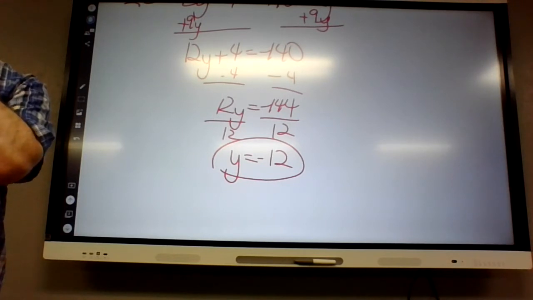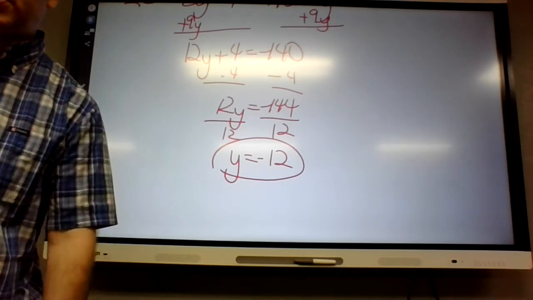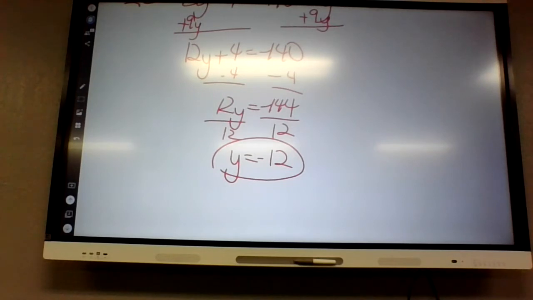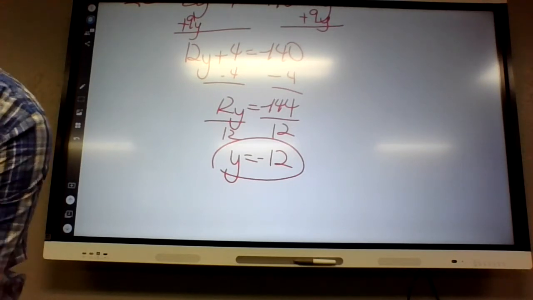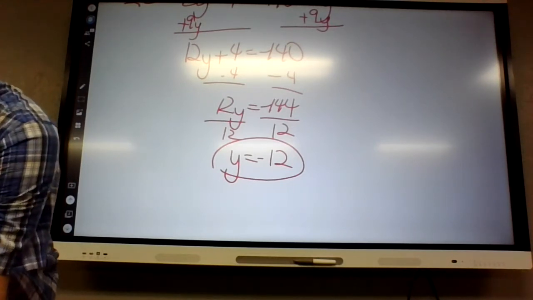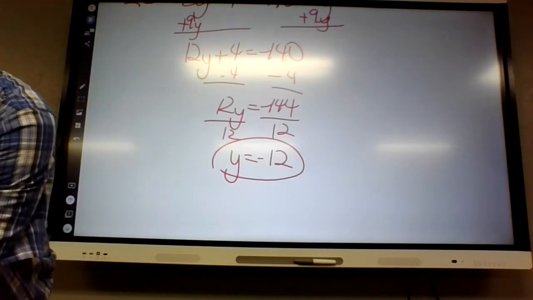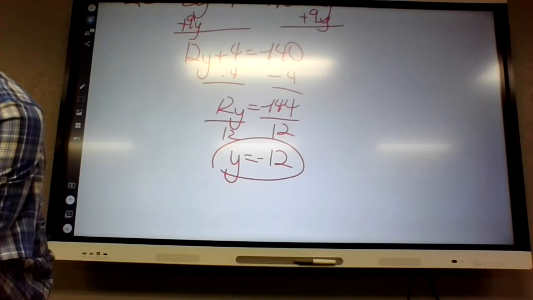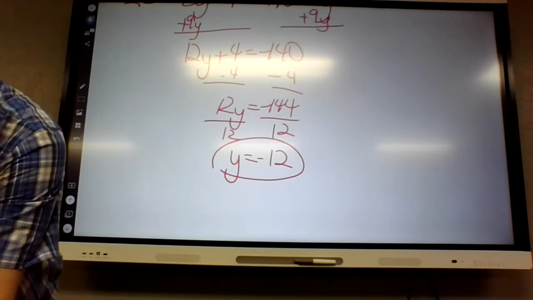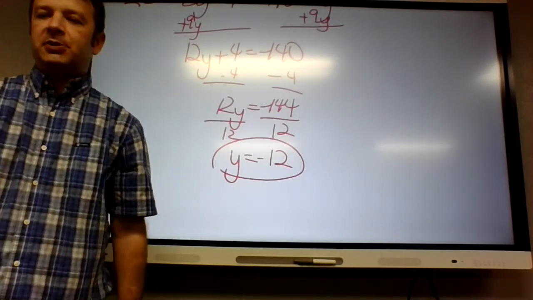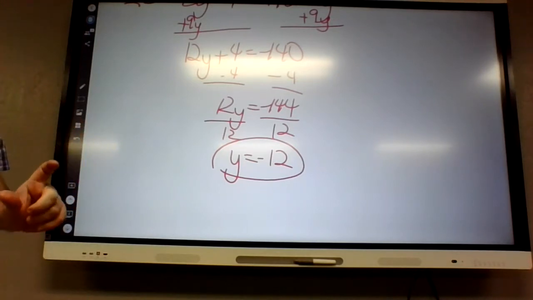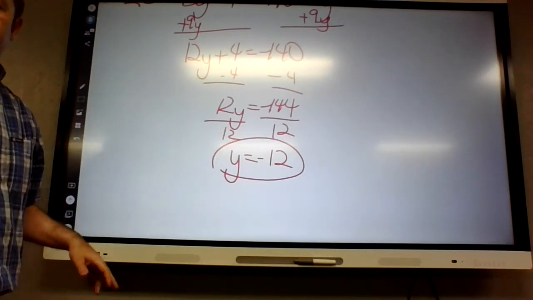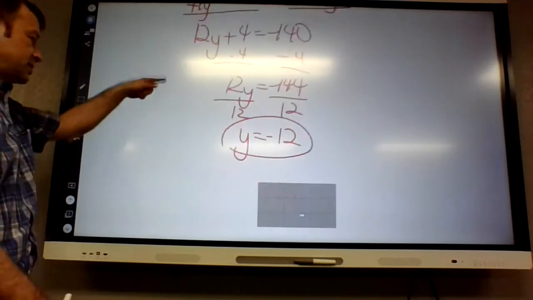Okay, one more. What do you guys think we should do first on 27? Kind of like number 13, we can put those like terms together on the left and the right. So on the left side, I'm not going to copy that one down because I'm just going to do that in my head. 5x plus 3x can go together on the left. So we have 8x minus 30.